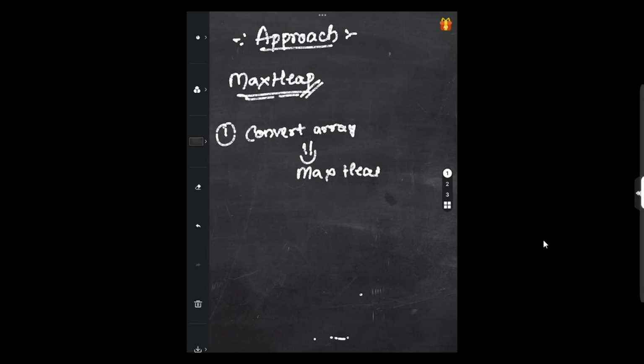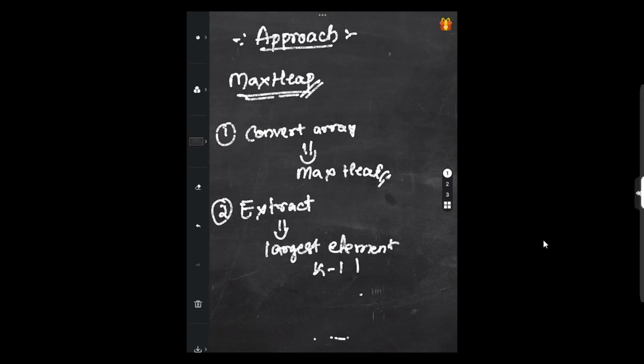This is what we'll be doing in the first step. What will be the second step then? The second step is to extract the largest element k minus 1 times. We have to make use of the extract method while building the max heap, so we will be extracting the largest element k minus 1 times.